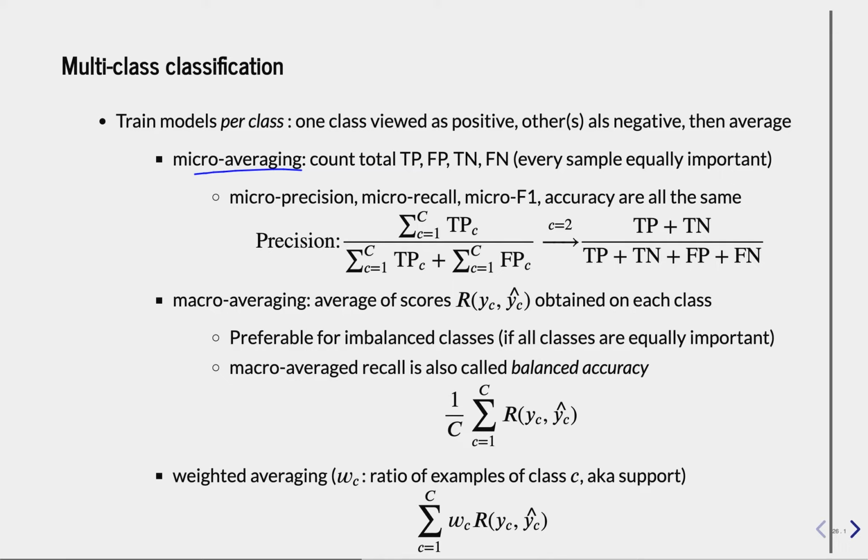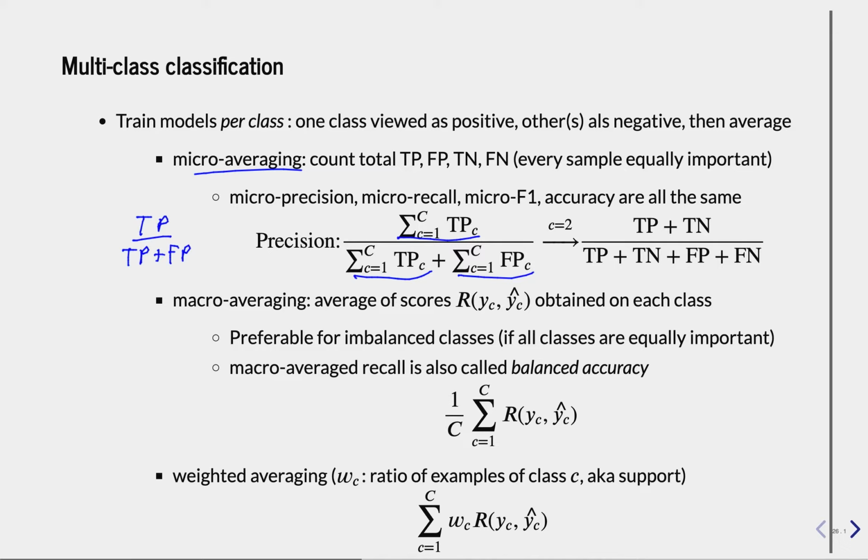So precision, as we saw, was true positive over true positive plus false positive. So in a multi-class setting, we just take the sum of all the true positives per class divided by the sum of all the true positives per class plus the sum of all the false positives per class.